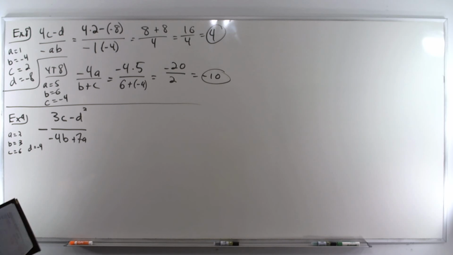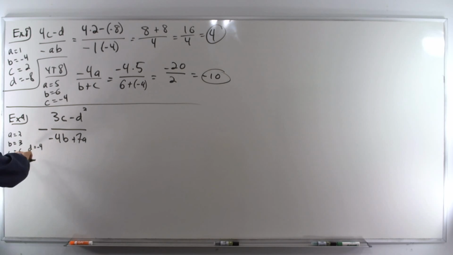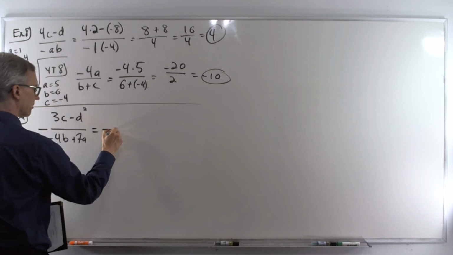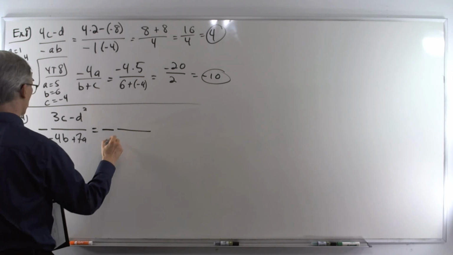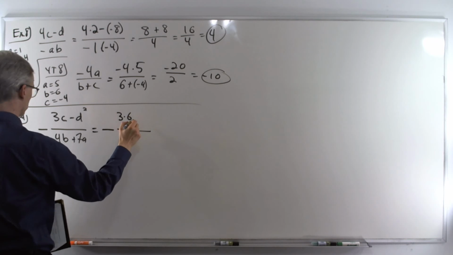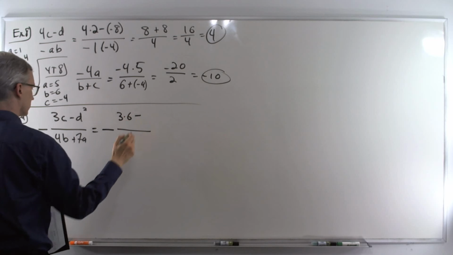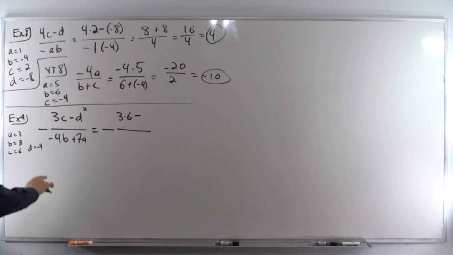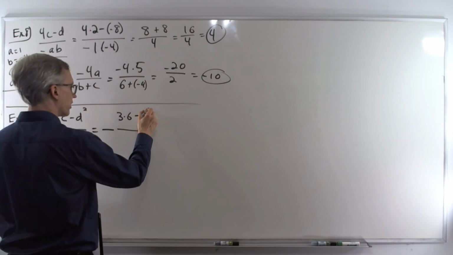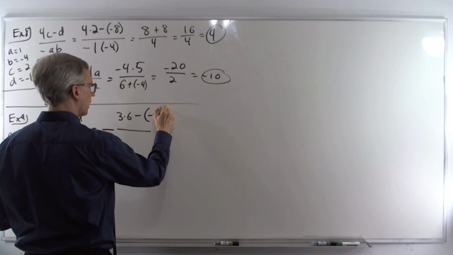All right, up top, C is 6, keep that negative out front.